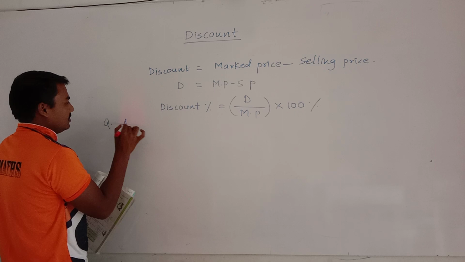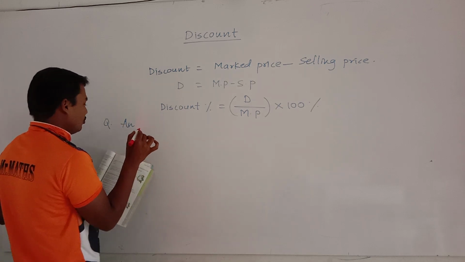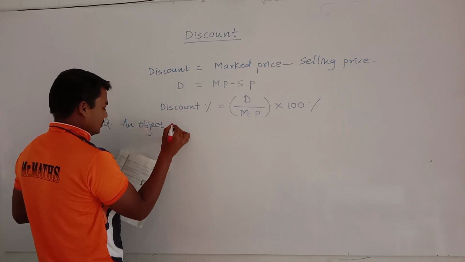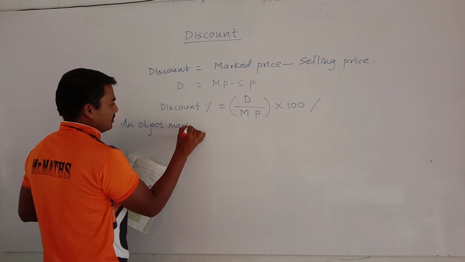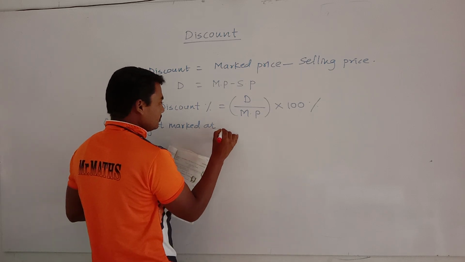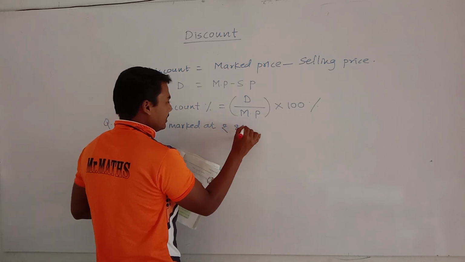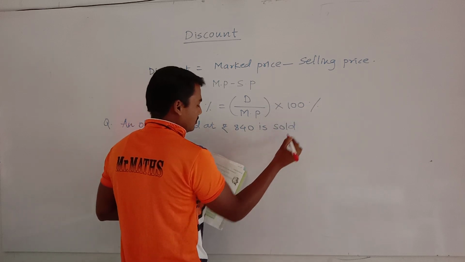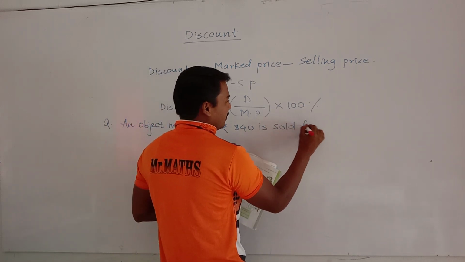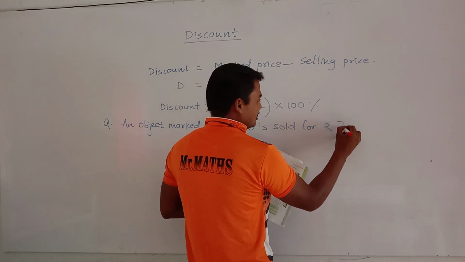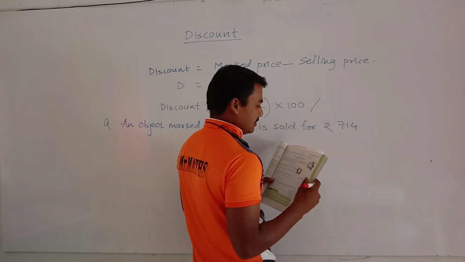Question: an object marked at rupees 840 is sold for rupees 714.